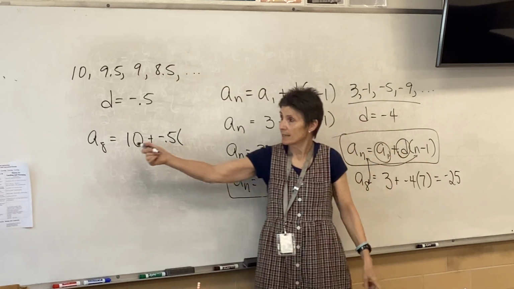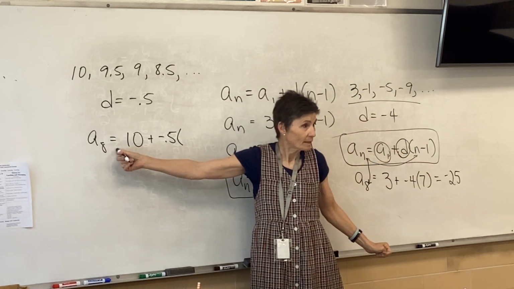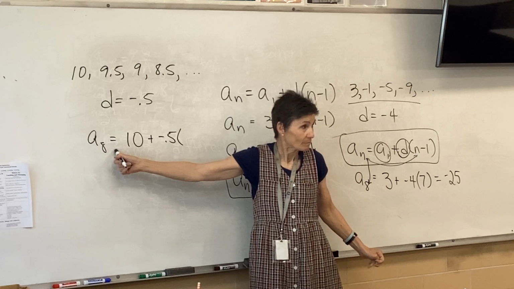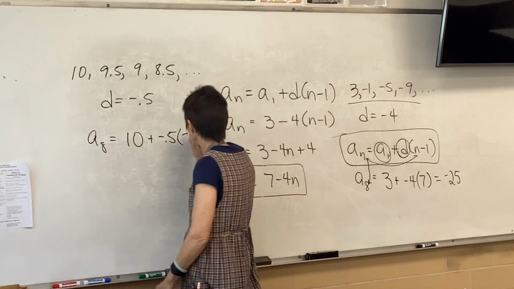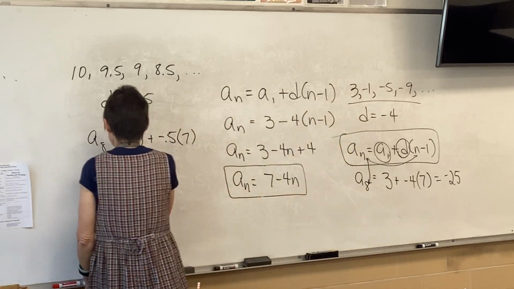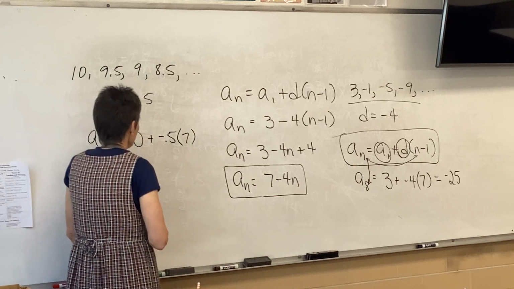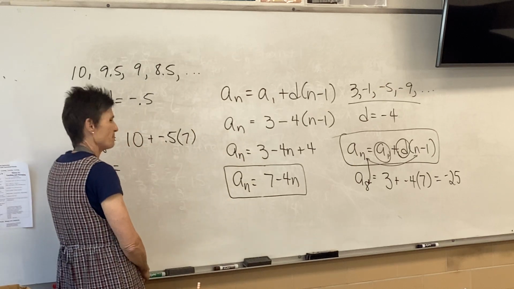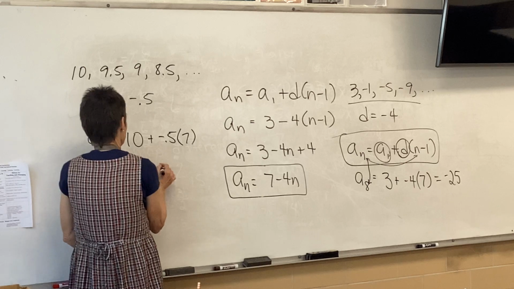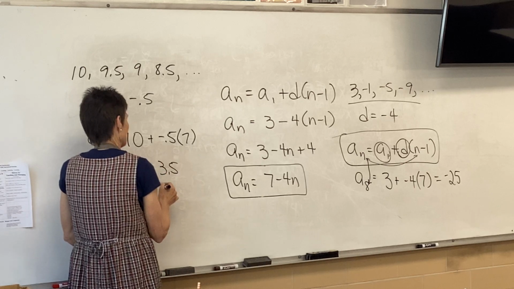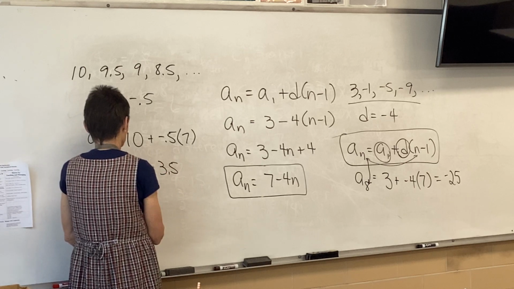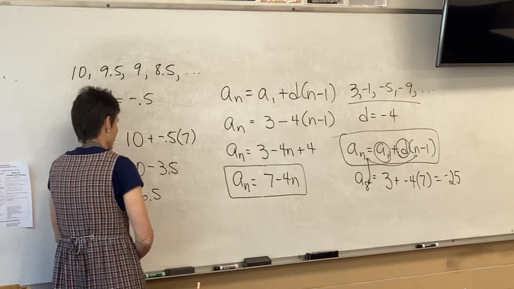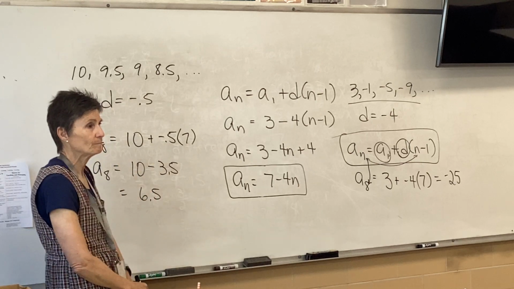But what's our n in this problem again? 8? So that'll be 7. Who's got a calculator? What is 10 minus 0.5 times 7? 10 minus 7.5. I'm getting 6.5. Oh, yeah, you're right. 6.5 is the 8th term.